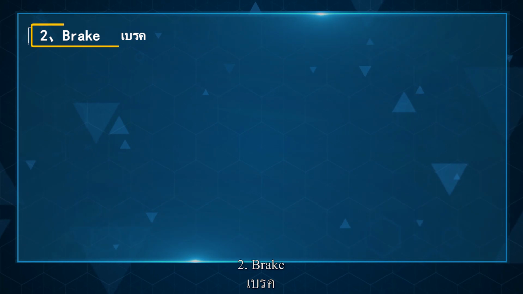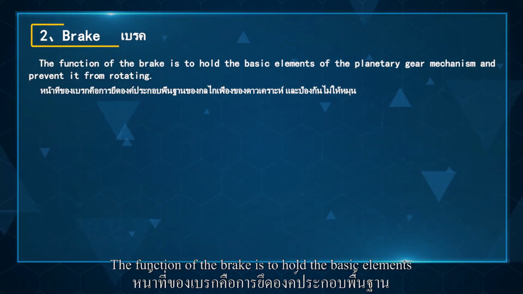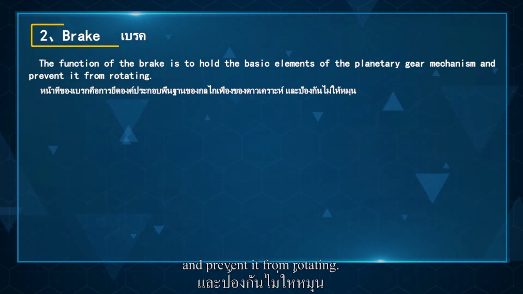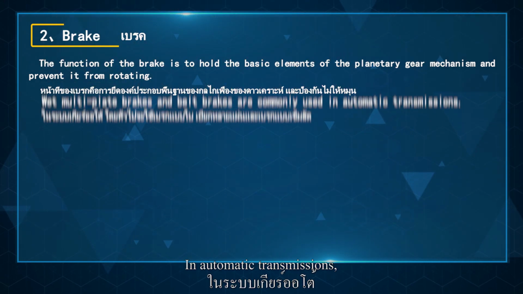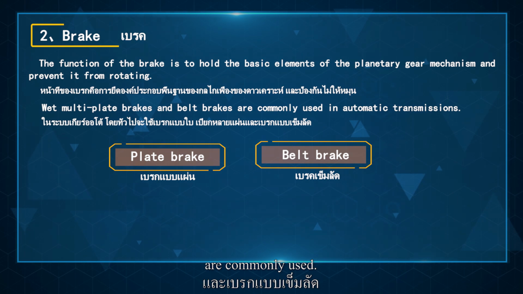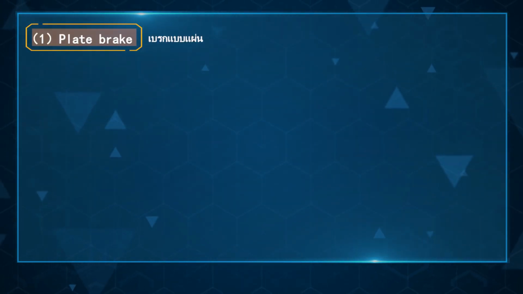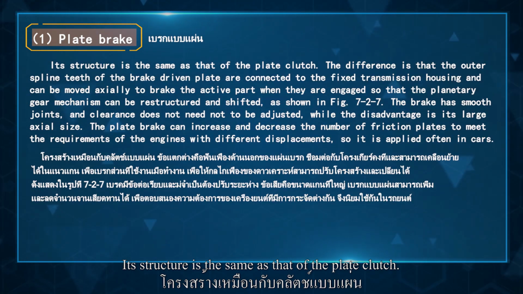2. Brake. The function of the brake is to hold the basic elements of the planetary gear mechanism and prevent it from rotating. In automatic transmissions, wet multi-plate brakes and belt brakes are commonly used. 1. Plate brake. Its structure is the same as that of the plate clutch.